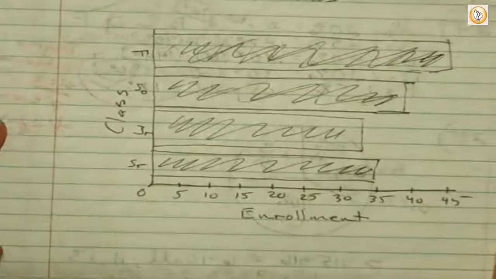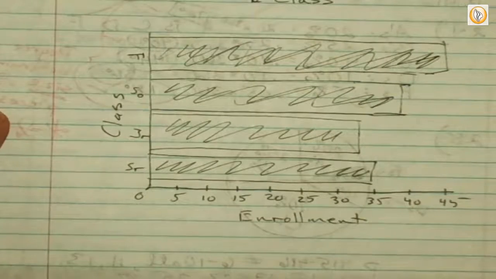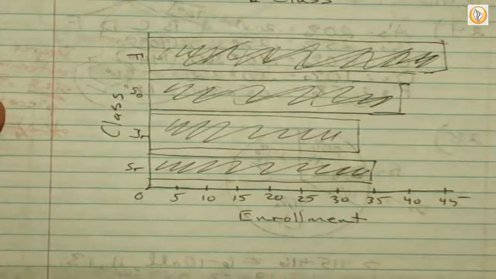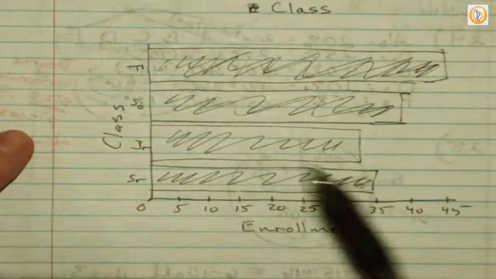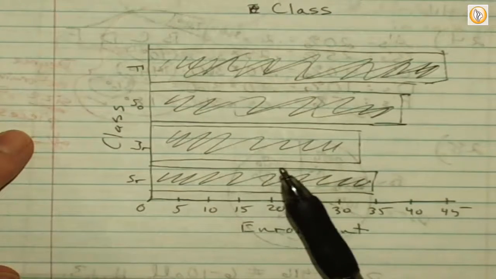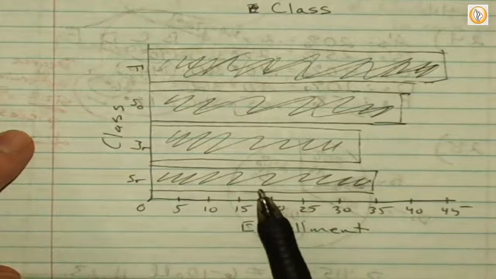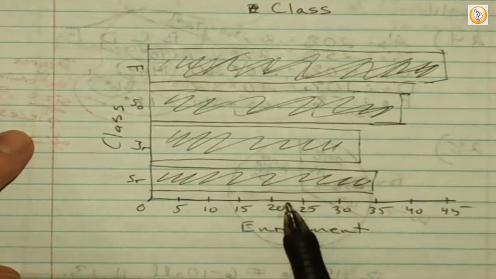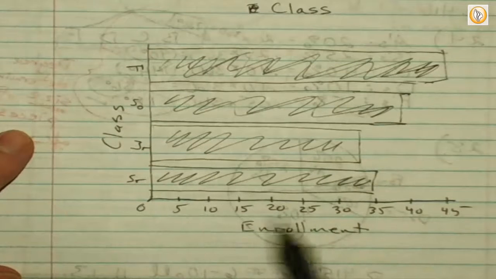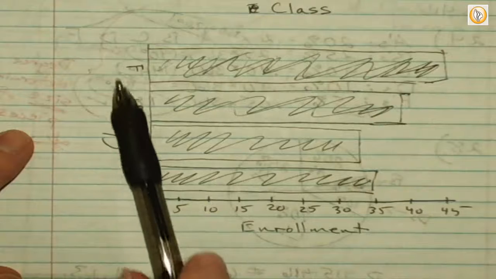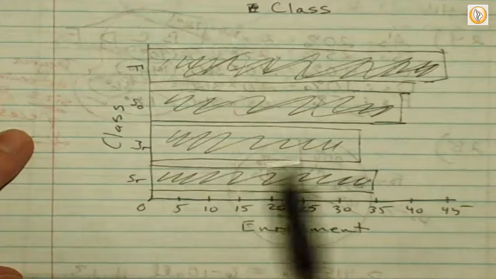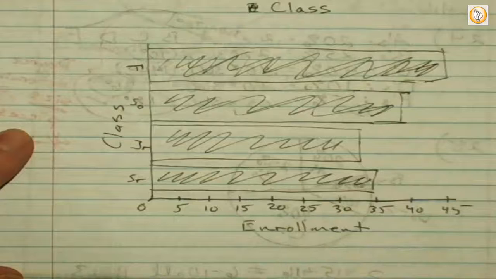That's how it would look. You don't have to draw this, but you can if you want. But notice how it's different than the one you just drew in your book. Emily, are you watching? Okay. So this time enrollment's on the bottom and the class is on the side, but look at the bars. This time they're not going up and down, they're going sideways.